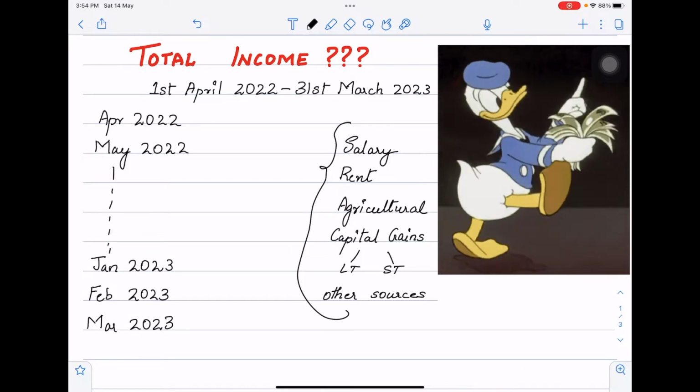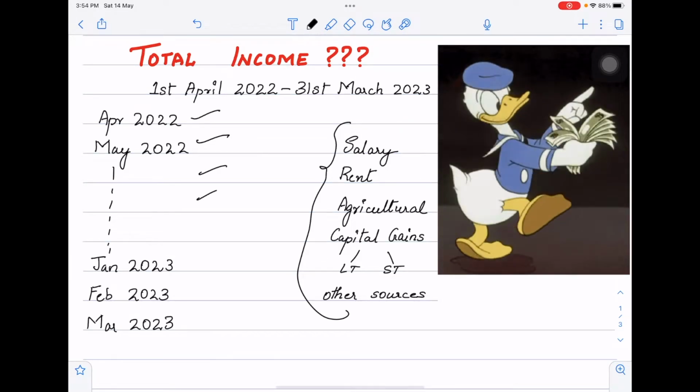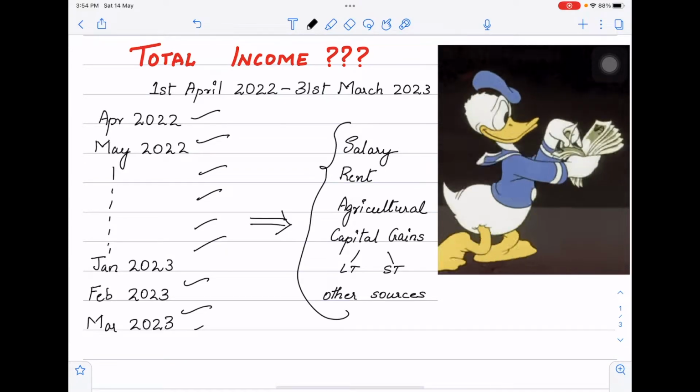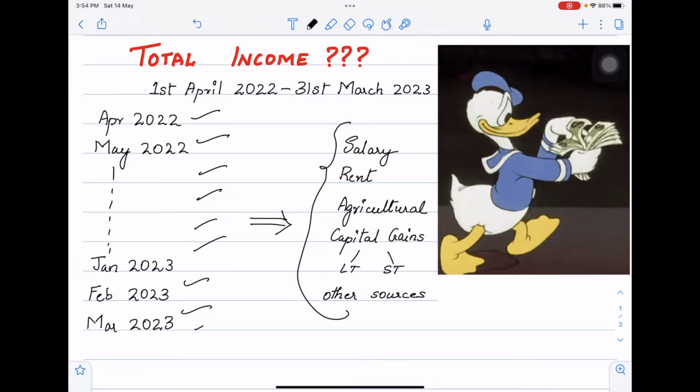Now compute for each of these months how much money you're going to earn using salary, rent, agricultural income, capital gains, or other sources of income. So whatever money you're going to get in this financial year is your total income.